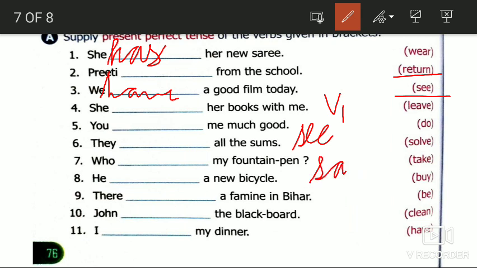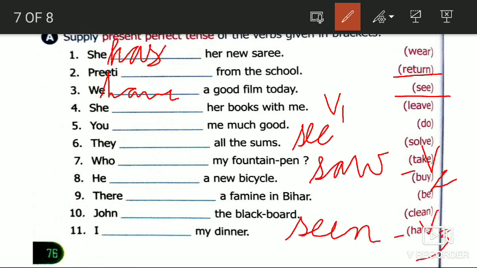Saw is the second form of verb, and the third form of verb is seen, S-E-E-N. In the present perfect tense, you have to use the third form of verb. So how will you write number 3? We have seen a good film today.